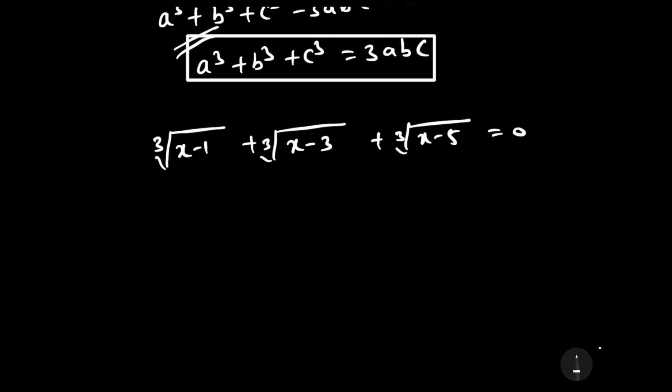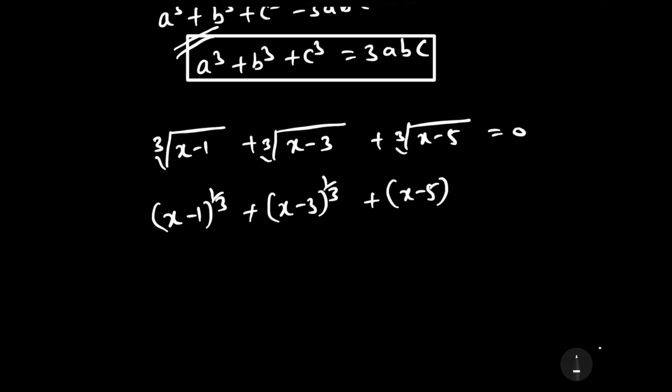Further, this can be written as (x minus 1) to the power 1 by 3 plus (x minus 3) to the power 1 by 3 plus (x minus 5) to the power 1 by 3 is equal to 0. Since the square root of any number can be written as a to the power 1 by 2, the cube root of a can be written as a to the power 1 by 3. With the help of this formula, we are writing this.